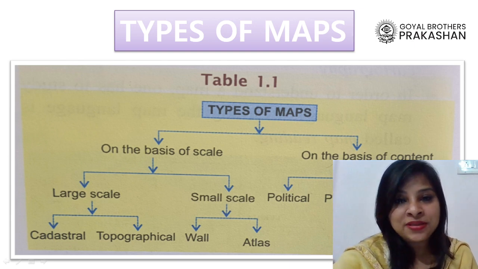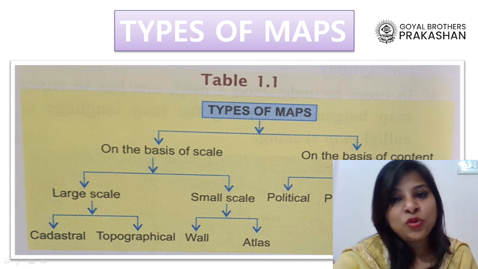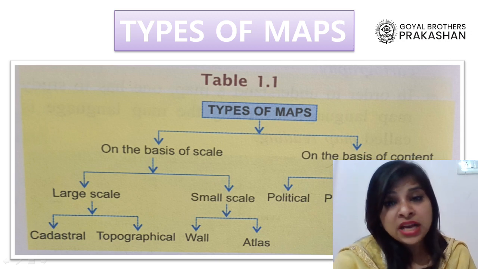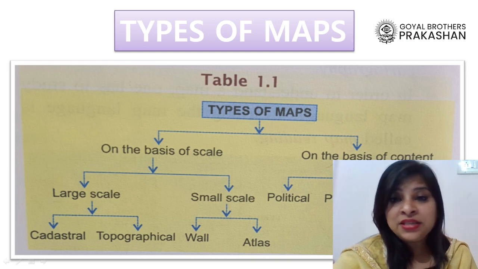Small scale map examples are your wall map or atlas map. Now a small scale means a big area is taken, giving a small amount of detail about that large area. That means an atlas will only show us the country, where this country is or where the capital is, and nothing detailed about that area or that country or continent.